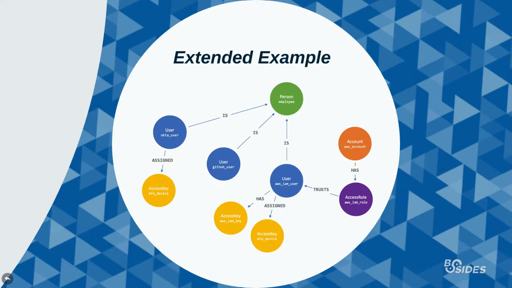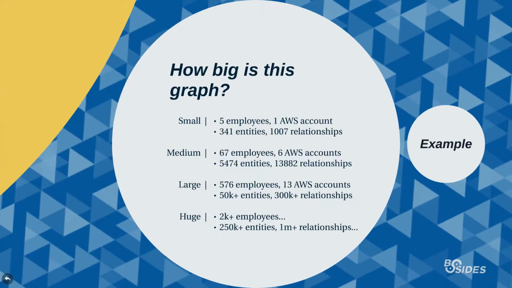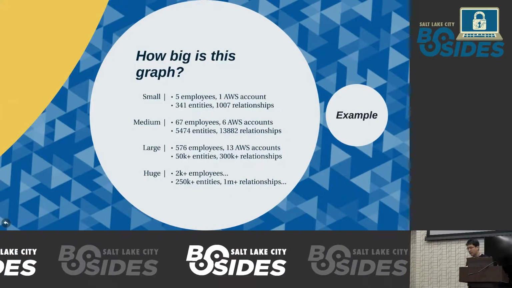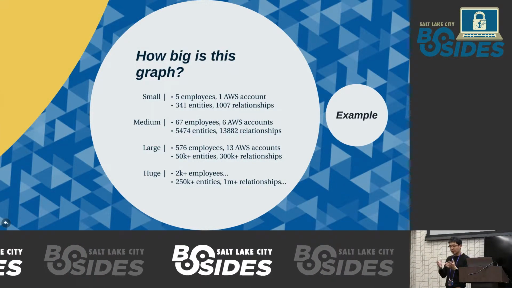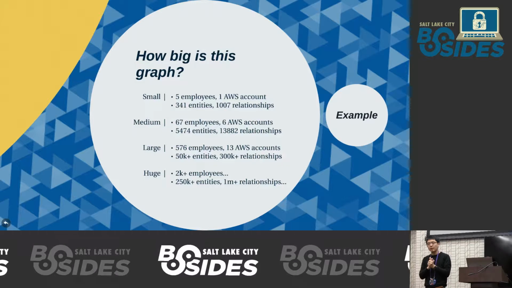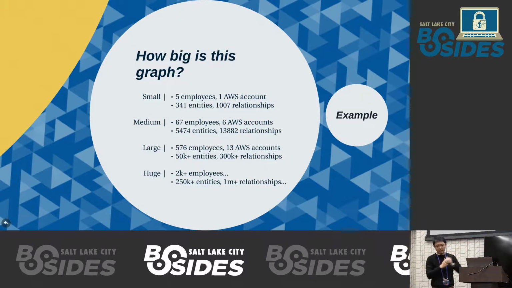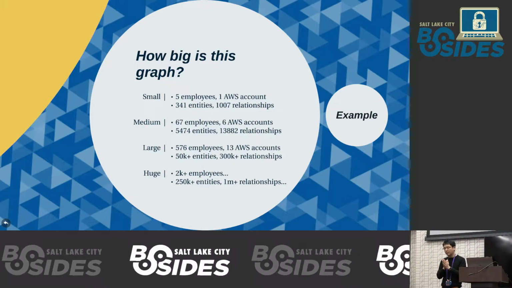Now, at this point, you may be thinking, well, this example is actually extremely simple. There are many things that are connected in this complex environment of yours. How big can this graph really get? Well, we've done some analysis of some of our customers and our own users. So we've done some benchmarking on some of the data that we've collected.